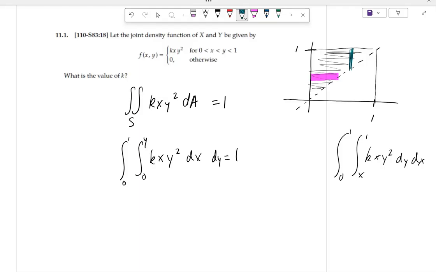Like I said, it's been a minute, hasn't it? This one's probably a little bit nicer, going from 0 to y, so let's do that one. You should get the same answer either way, by the way. The antiderivative with respect to x is kx squared y squared over 2, evaluated from 0 to y.